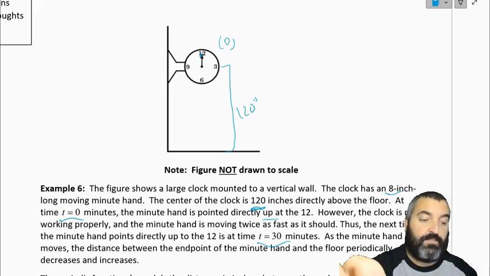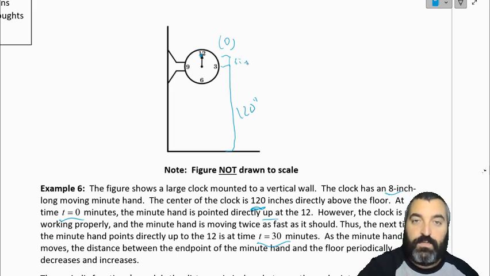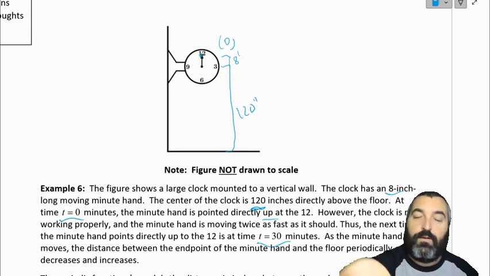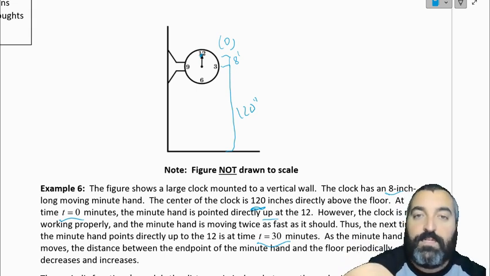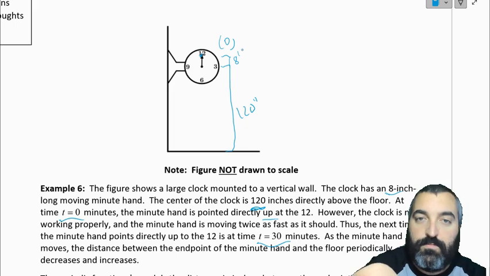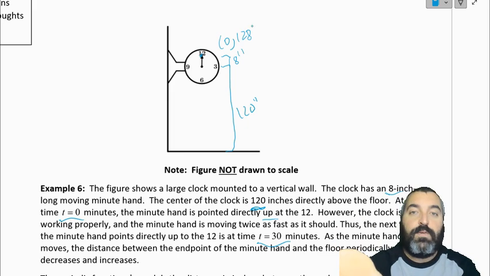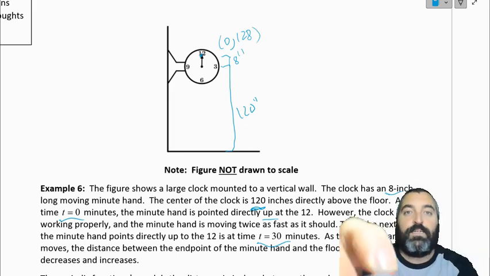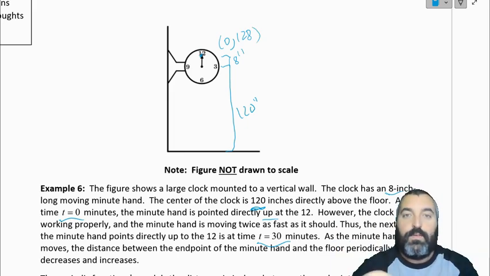And then it says 8-inch hand. So that means the height at time 0 is 128, and that's going to be the maximum height, right?